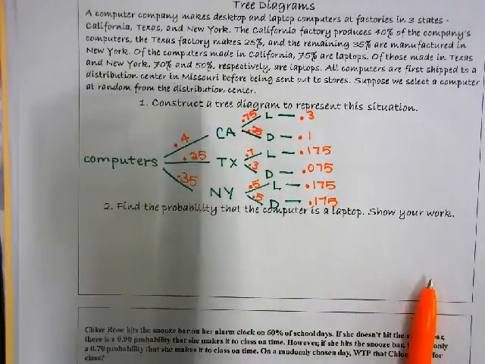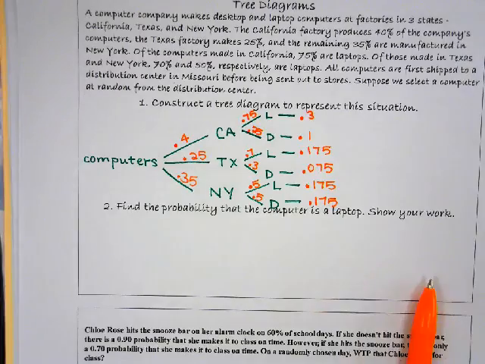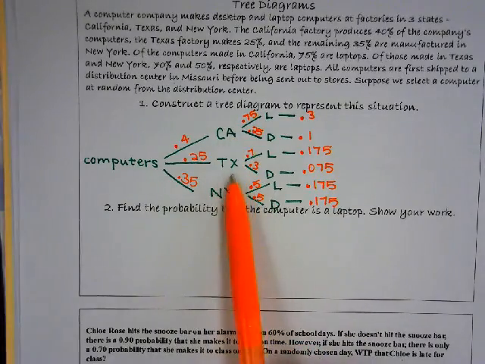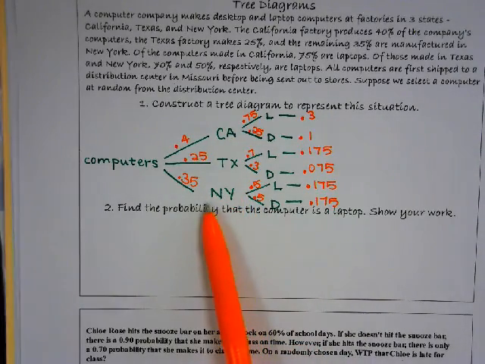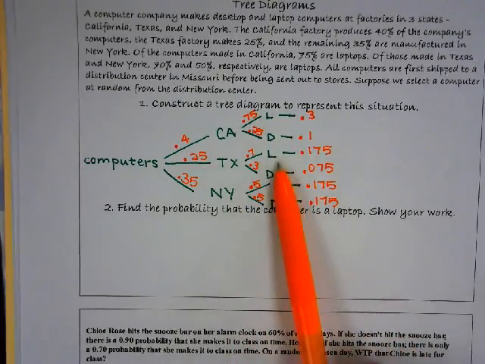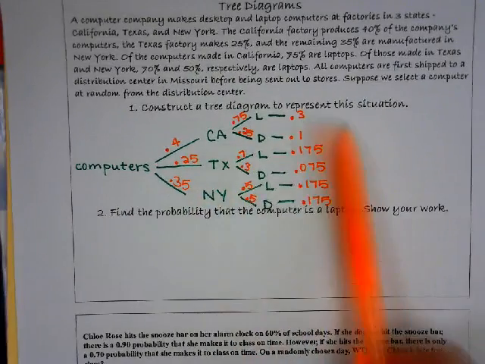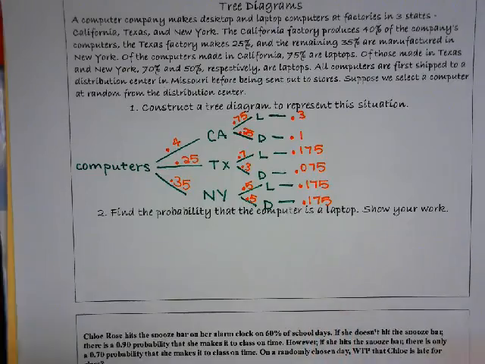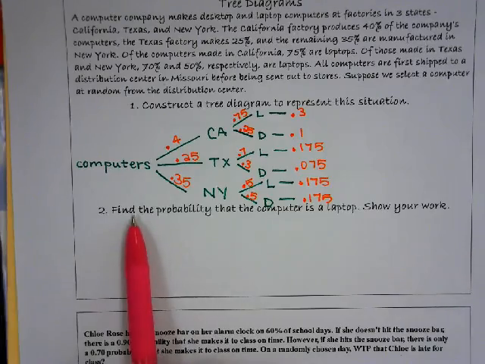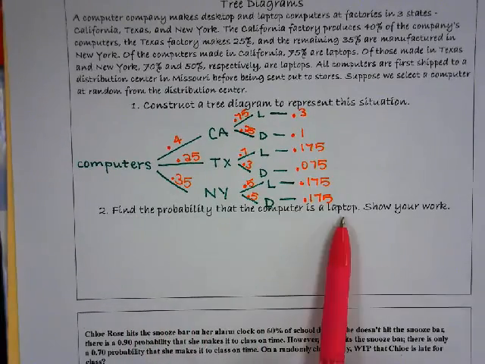So that is our tree diagram: we have the computer company, the computers in California, Texas, and New York, each factory, laptops and desktops. So we were able to set up a tree diagram so that we can answer the probability question.